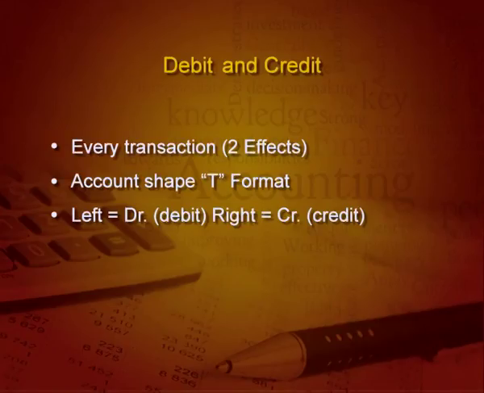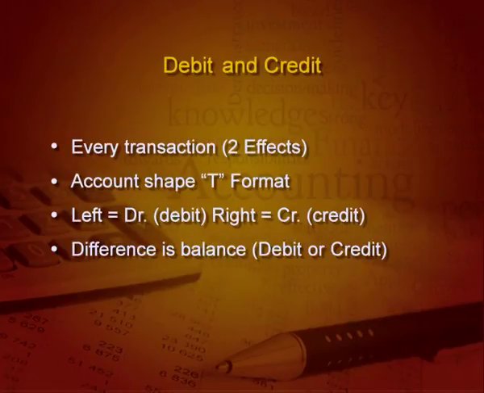In the T format, on the left hand side we show the debit side, on the right hand side we show the credit side. So, left is debit, right is credit and the difference is the balance. It can be debit, it can be credit. If the debit side is more, the difference will be debit. If the credit side is more, the difference will be credit.